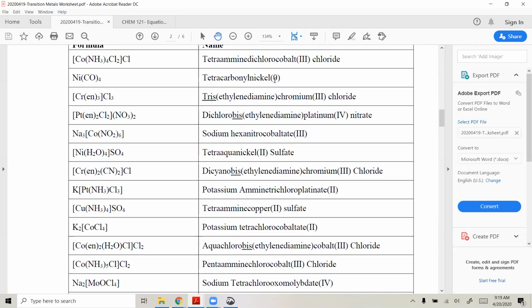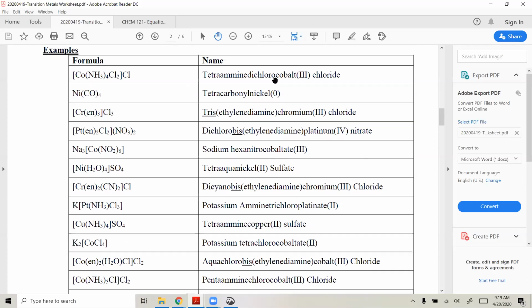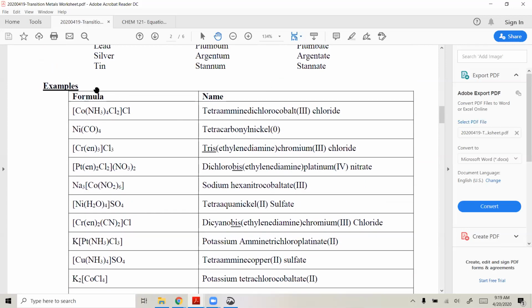What I want us to do is we're going to actually work our way through some of these. We're going to start off with their formulas and we're going to practice. Right? So, take a snip.